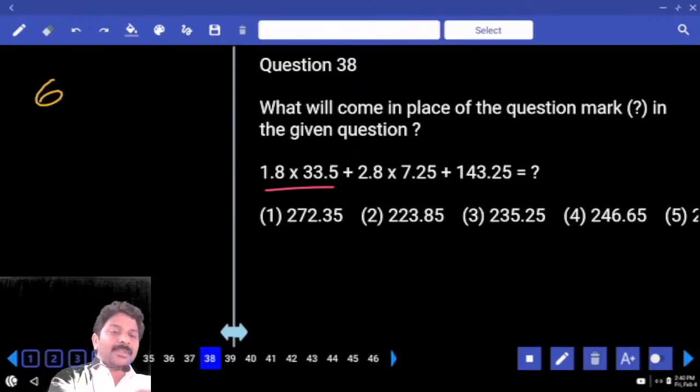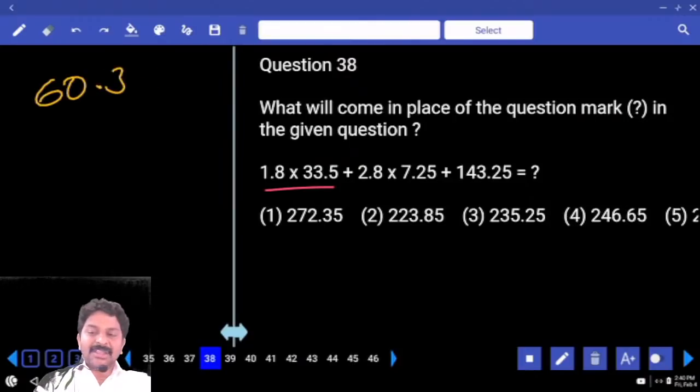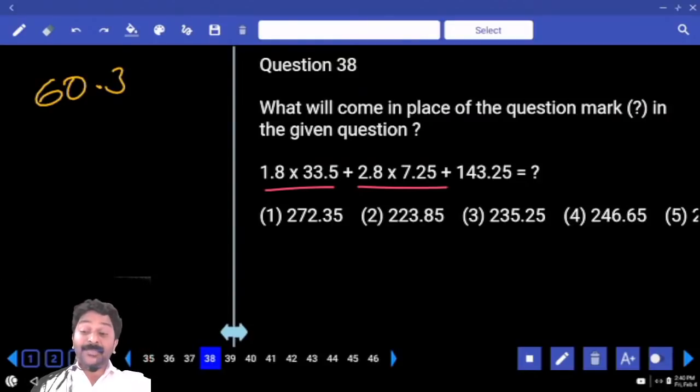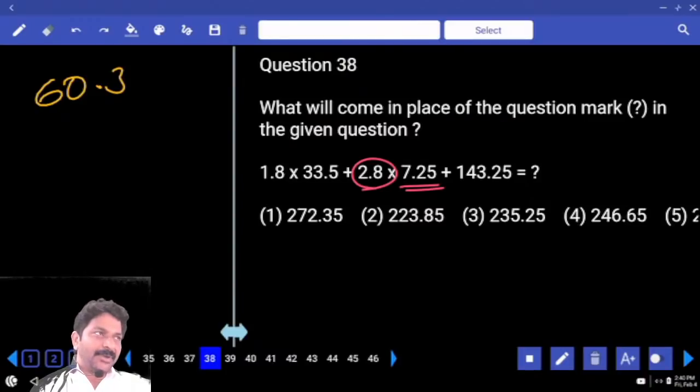60.3. 2.8 into 7.25. Can I take 7.25 as? See, one thing is 7 times of this number and again 0.25 times. Otherwise, 3 times of this number minus 0.2 times. 2.8 in this sense is 3 times minus 0.2. I don't want to take that because both the numbers have different decimals.